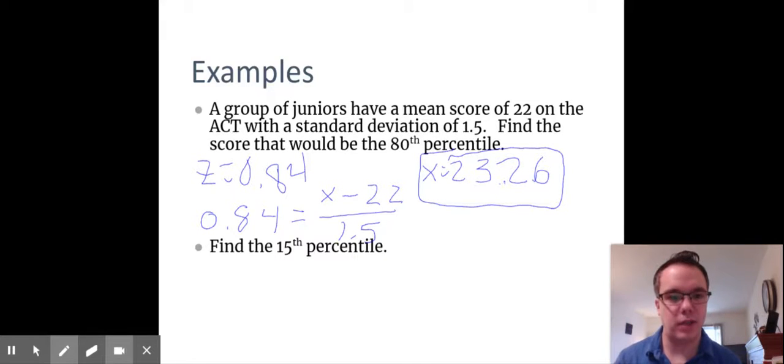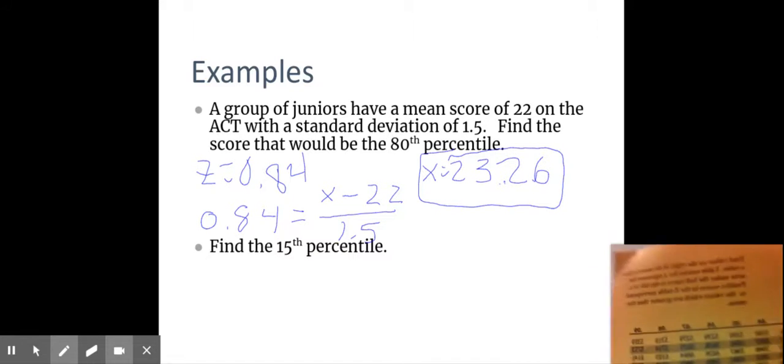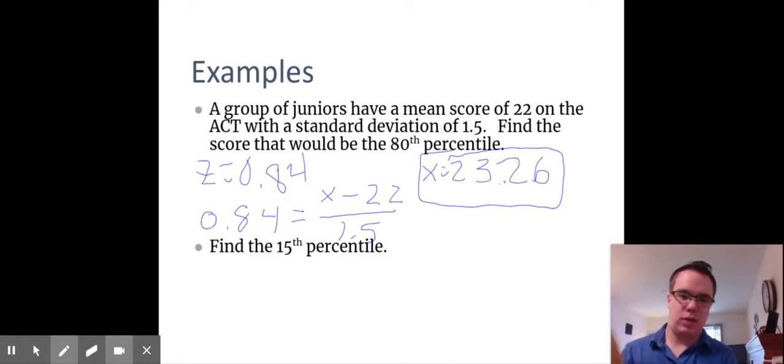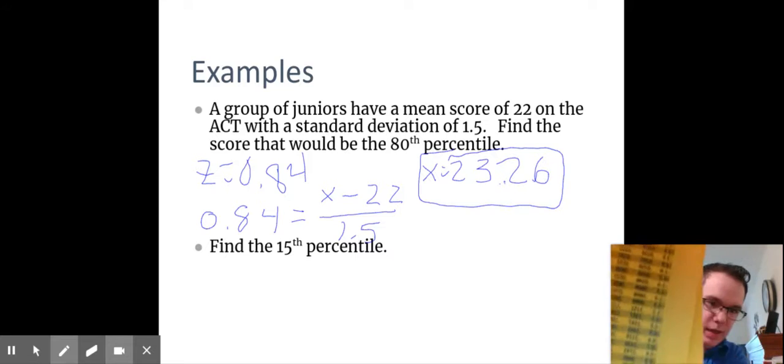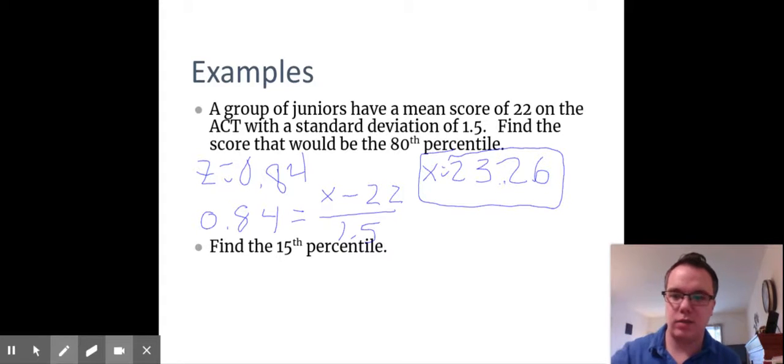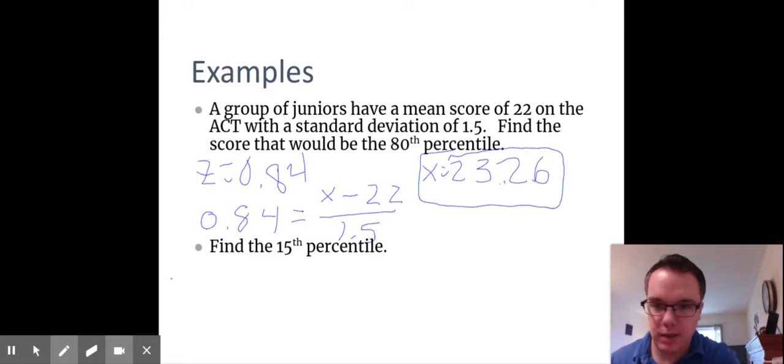All right, so the other percentile we want to find is the 15th percentile. So I have to go to the negative side of my graph. Remember, there's a positive side and there's a negative side, so make sure you're on the negative side to find the score that is closest to 0.15. The score that is closest to 0.15 is 0.1492, and that is a z-score of negative 1.04.